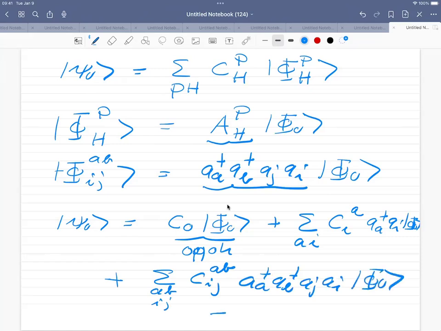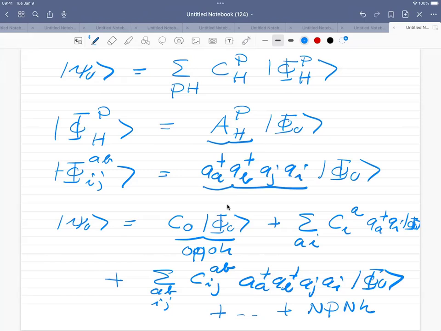And this continues all the way up to N particles, N holes. So that would be the last term. So if I have 8 particles, there will be 8 creation and 8 annihilation operators acting on the reference vacuum state. So this is the way this one looks like.